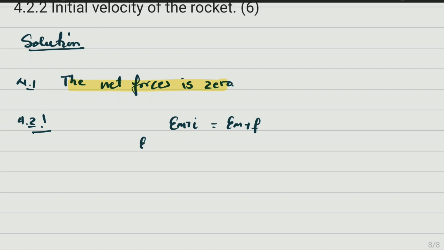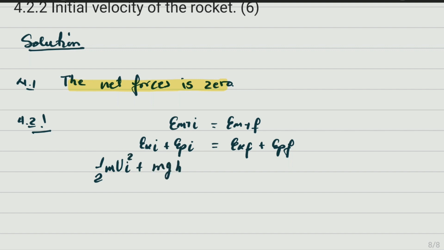So now here we have that kinetic energy initial plus potential energy initial is equal to kinetic energy final plus potential energy final, and we substitute this one. Note the following.